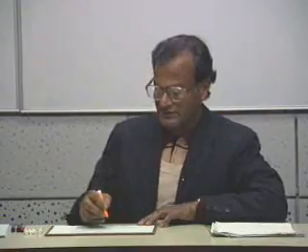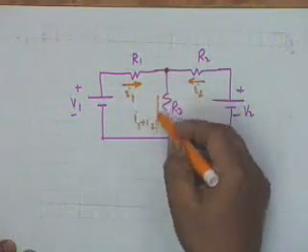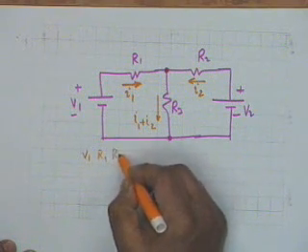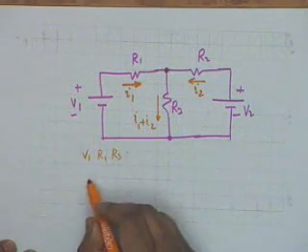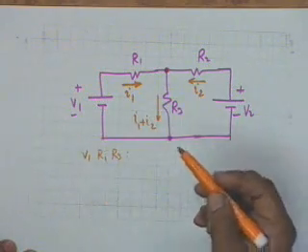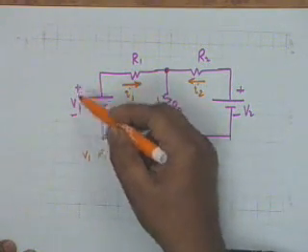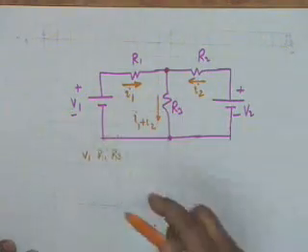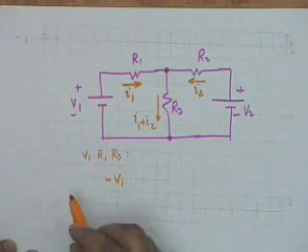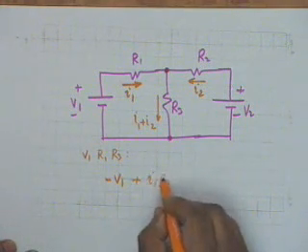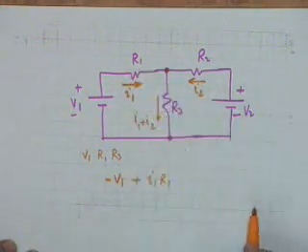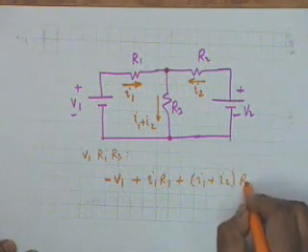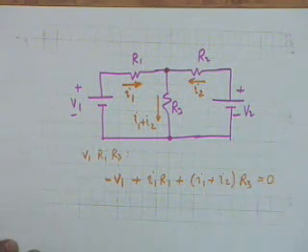That is, what you do is take this circuit first, this loop V1 R1 R3. In this loop if you consider minus to plus or plus to minus as positive, then you start with minus V1 plus I1 R1, this is the potential drop across R1, plus I1 plus I2 times R3, this should be equal to 0.